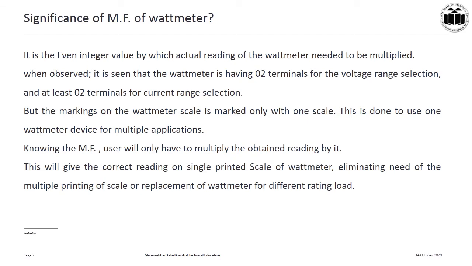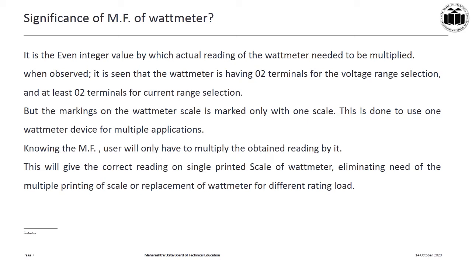Generally, a wattmeter is printed with only a single scale. According to the connected load, the user has to select proper current rating and voltage rating by connecting the current and voltage terminals. As the rating of the connected load changes due to different loads, the current value or voltage value selected by the user on the wattmeter also changes.